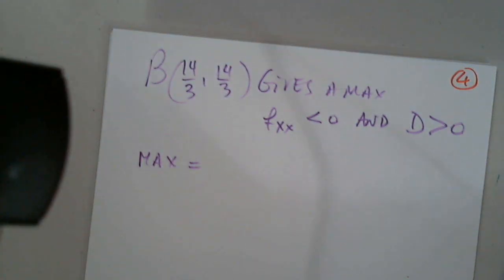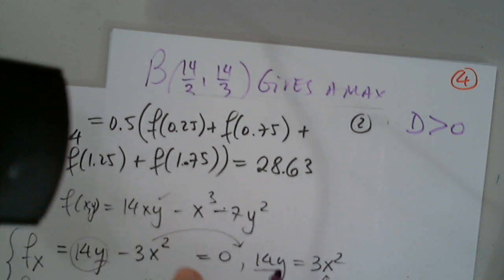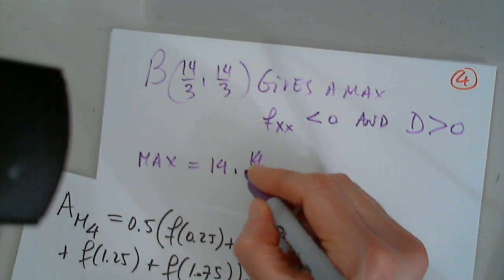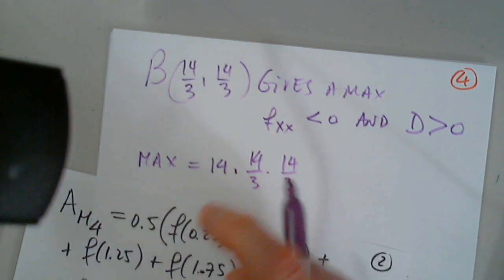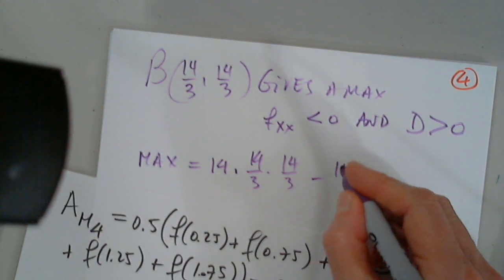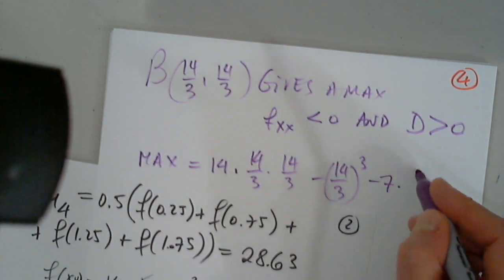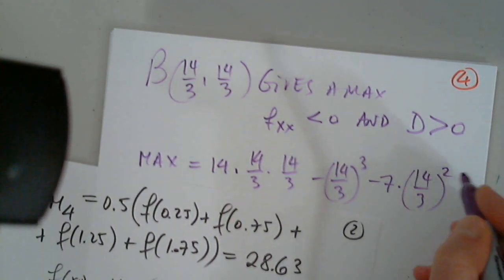And back to my function, here it is. So I have 14 times 14 over 3 times 14 over 3 minus 14 over 3 cubed and minus 7 times 14 over 3 to the second power.